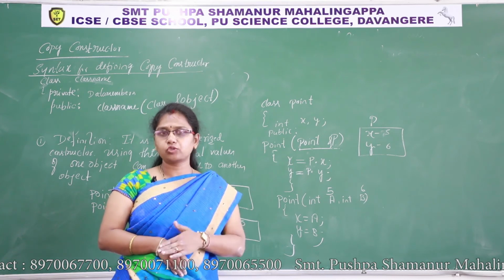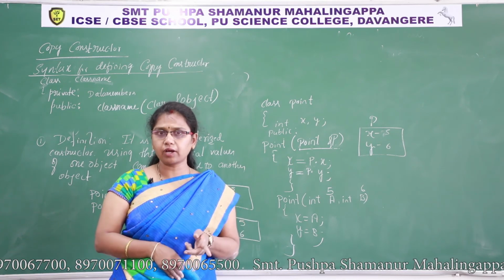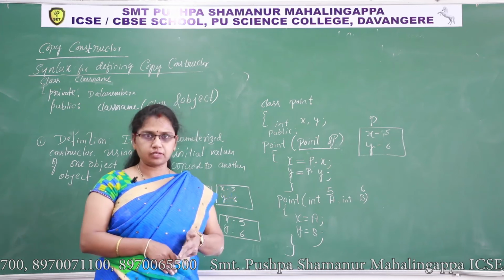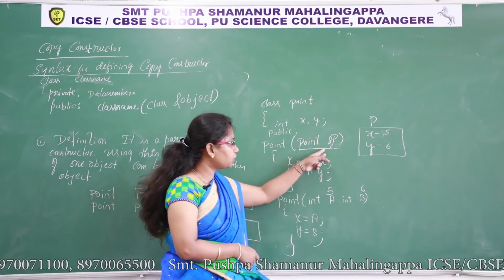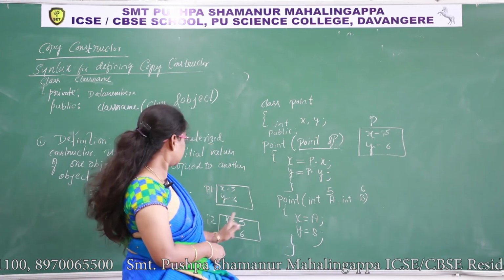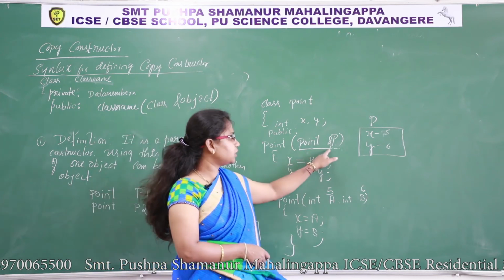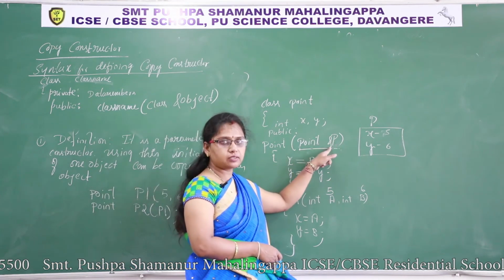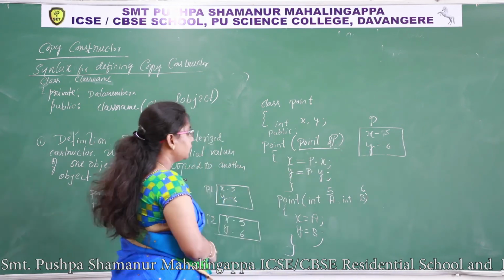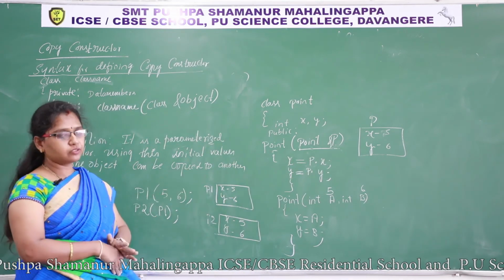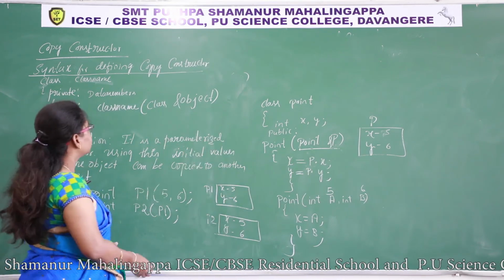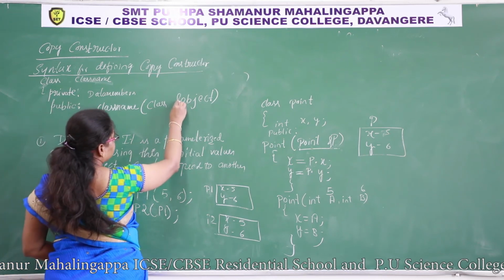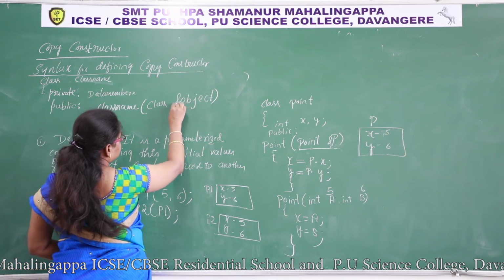We can pass an object in two ways: one is call by value, another is call by reference. Here I am passing one object to this constructor, and to receive it I have taken a reference. This is called by reference. In your textbook they have given call by reference, so I used an ampersand there. Ampersand object, don't forget this operator, ampersand.